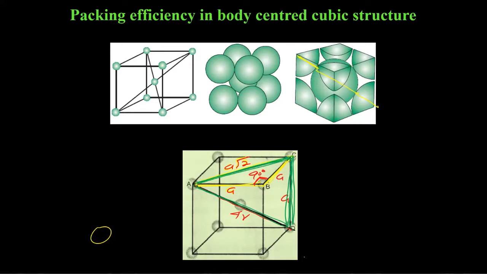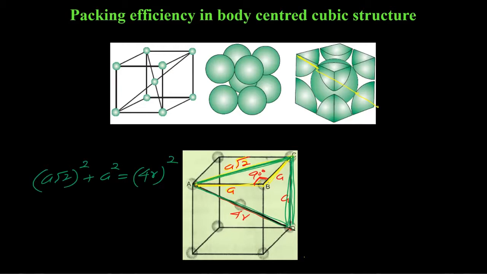We can apply the Pythagoras theorem here. So A root 2 whole square plus A square will be equal to 4r whole square. From here we will get the relationship between A and r. Remember, we are trying to find A in terms of r because the volume of the sphere can be calculated in terms of r.